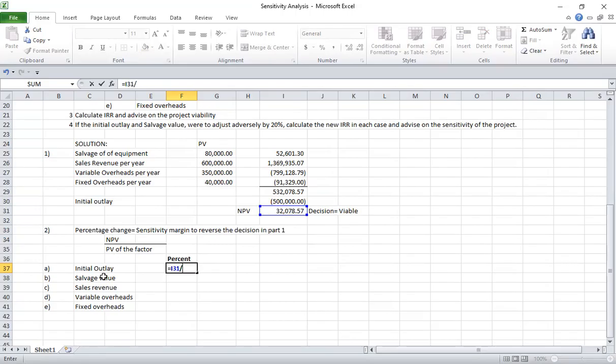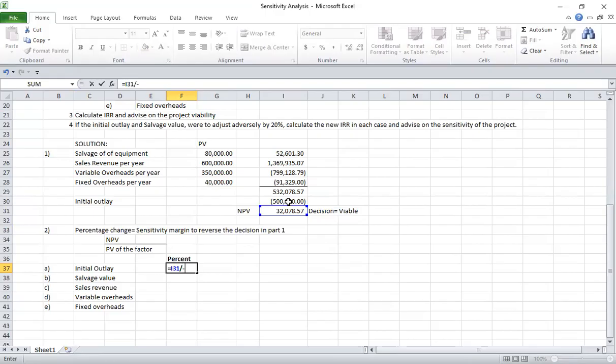We are now talking about the initial outlay. The value for the initial outlay is normally the same as the present value. So if the initial outlay we were told is 500,000, then the present value for it is also 500,000. This is a negative, and so I will convert that to a positive.